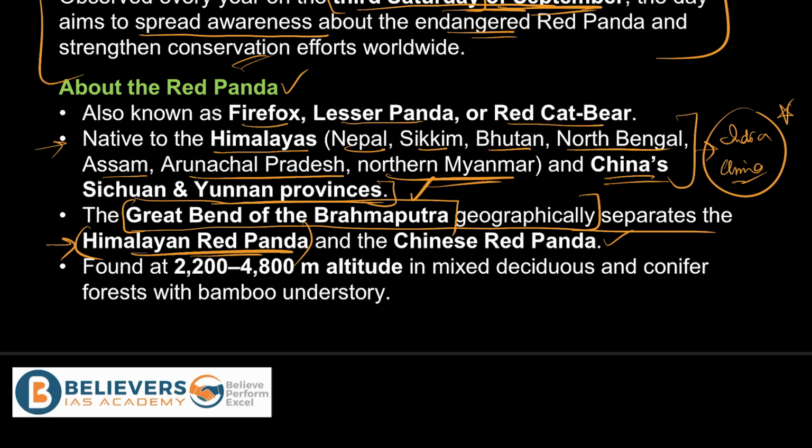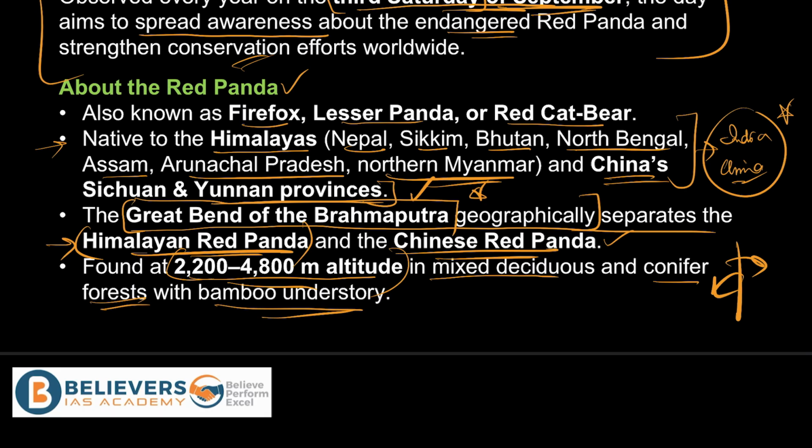On one side of the Brahmaputra river it is called the Himalayan red panda, and on the other side, the Chinese part, it is called the Chinese red panda. Talking about its location, it is usually found in high altitude regions, around 2200 to 4800 meters, in mixed deciduous and coniferous forests, mostly with bamboo understory.